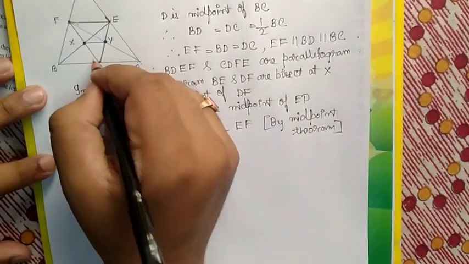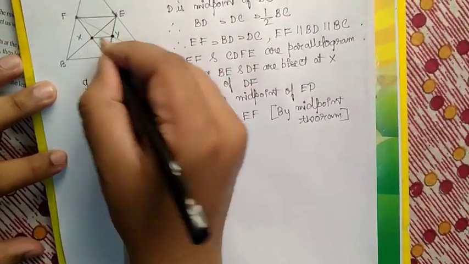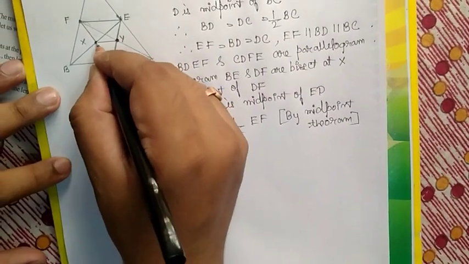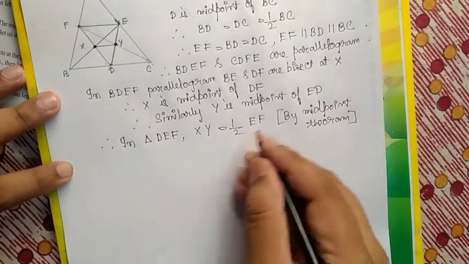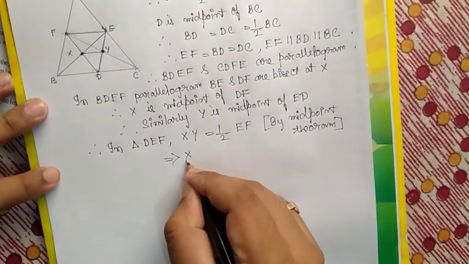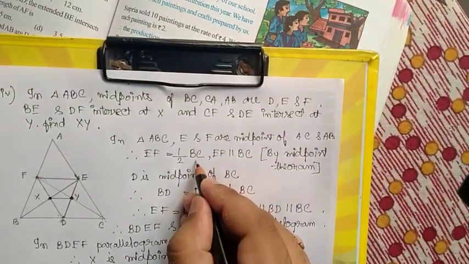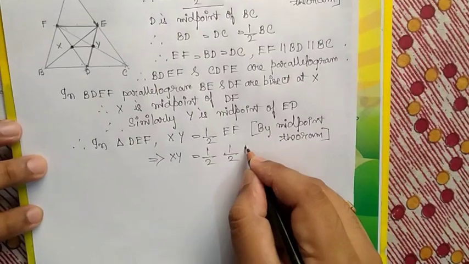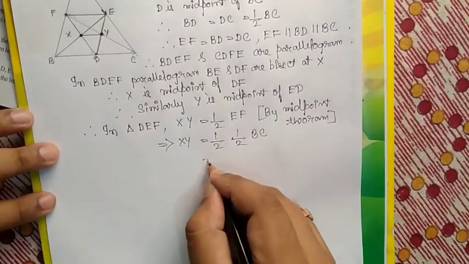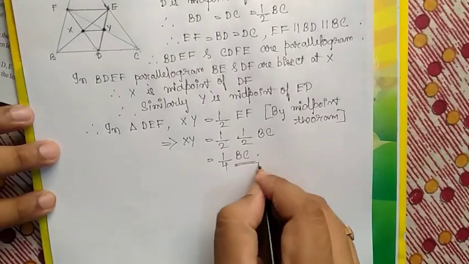Because in this triangle, the midpoint of this side is Y and the midpoint of this side is X. Therefore, by the midpoint theorem, XY is parallel to EF and XY is half of EF. Now XY equals half of EF, and EF is half BC here. So putting the value of EF, half BC, XY equals 1 by 4 BC.